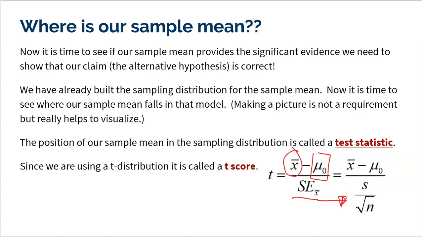And remember, because we are using s in place of sigma is exactly why we have to use the t-distribution. Now, if you accurately drew the picture of the sampling distribution, you should be able to literally see where your sample mean fits in, but the t-score is something that you need because it tells you exactly how many standard errors your sample mean falls above or below the mean.